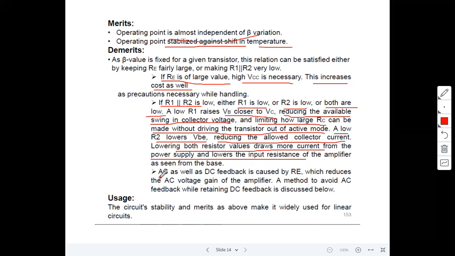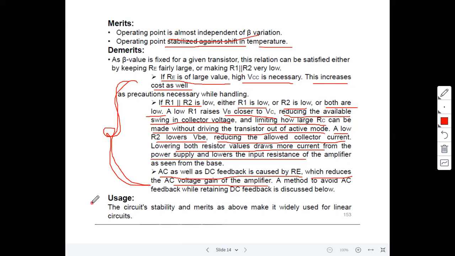And the second one is that AC as well as DC feedback is caused by RE, which reduces the AC voltage gain of the amplifier. This is negative feedback; the gain of the amplifier reduces. These are some of the conditions to stabilize the operating point.